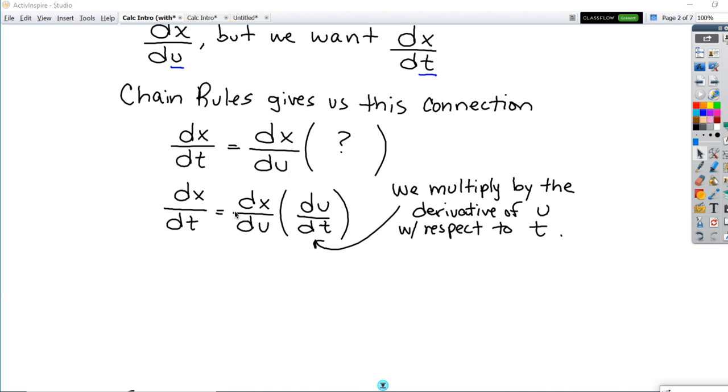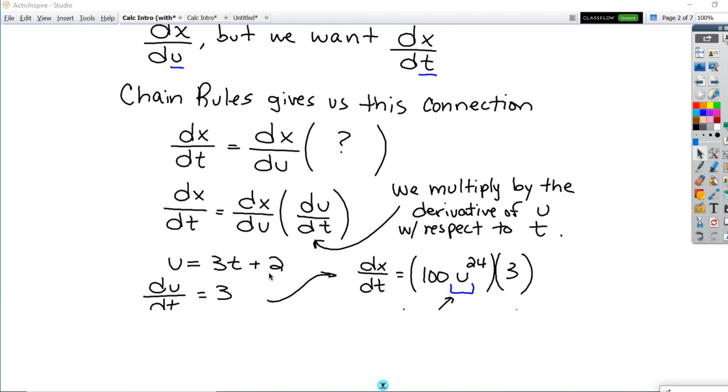So where we can easily find the derivative of x with respect to u, we can find dx by dt by taking this derivative and multiplying by another derivative, which we haven't done yet, but we can easily do. We can easily take the derivative of our u function with respect to time.